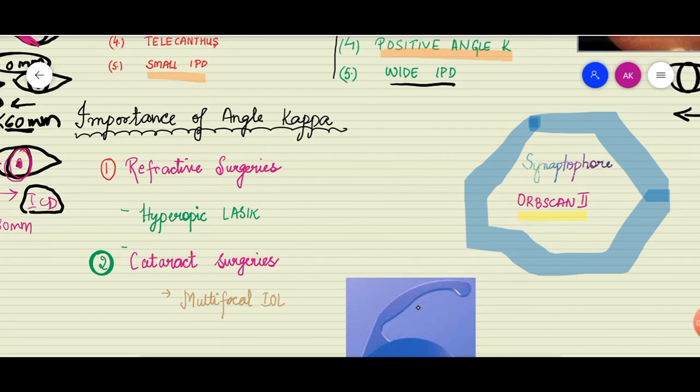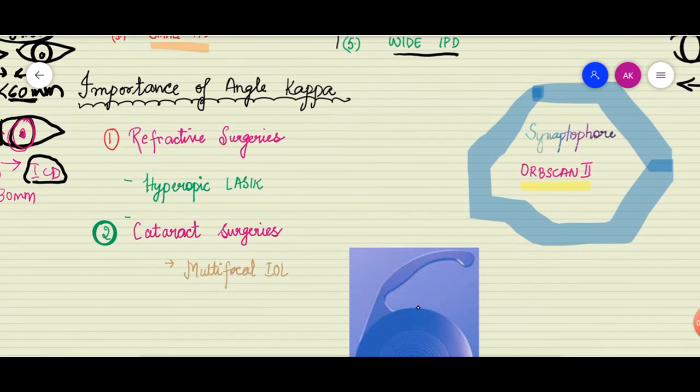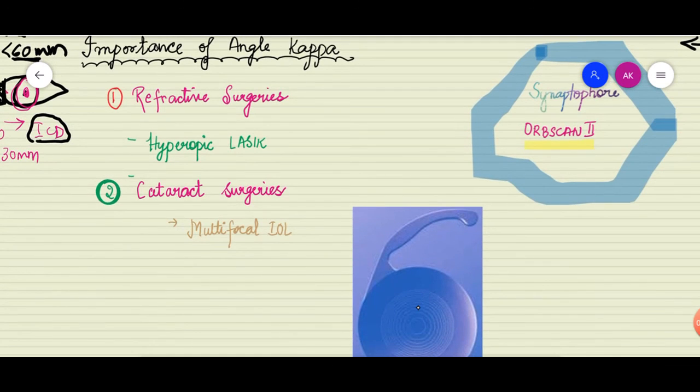And this angle kappa has become very important in various refractive surgeries like the hyperopic LASIK, myopic LASIK. Even in presbyopia corrections, this angle kappa is being taken into consideration these days for the ablation purposes. Second is in cataract surgeries, especially when they are putting premium IOLs like the multifocal IOLs, angle kappa is very important.